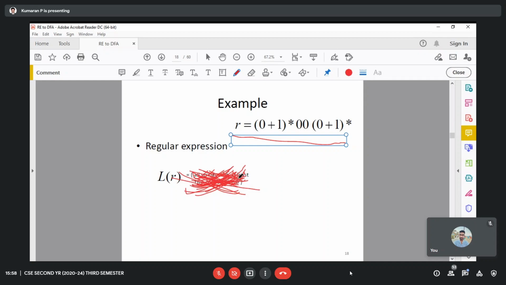You are expecting me to just say the answer every time. See here, 0 plus 1 comes under the closure, so definitely lambda. So the minimum accepting string is 0 0.